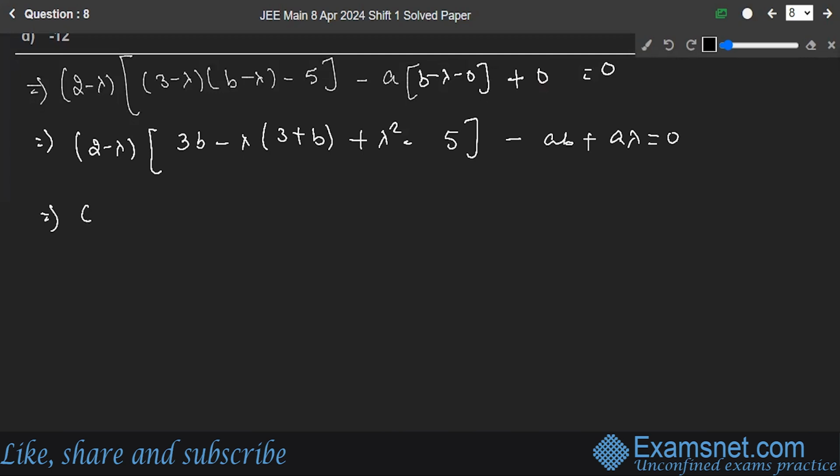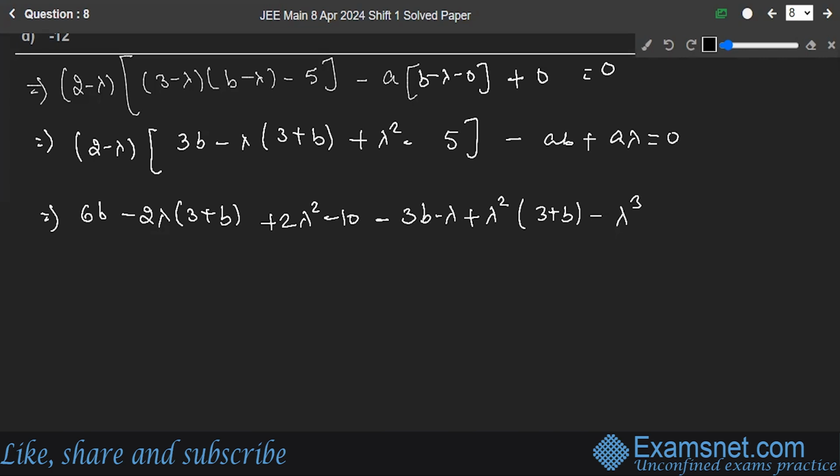Opening up the brackets, this will be 6b and then minus 2λ(3 plus b)λ² minus 10 minus 3b into λ plus λ²(3 plus b) minus λ³ and plus 5 into λ minus ab plus aλ is equal to 0.